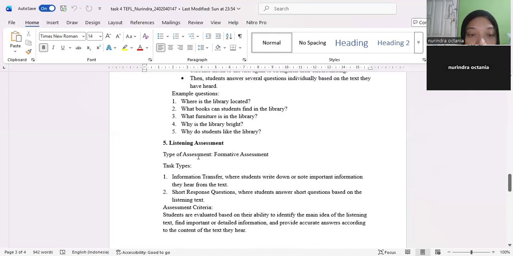The type of assessment: formative assessment. Task types: first, information transfer, where students write down or note important information they hear from the text. And the second, short response questions, where students answer short questions based on the listening text.